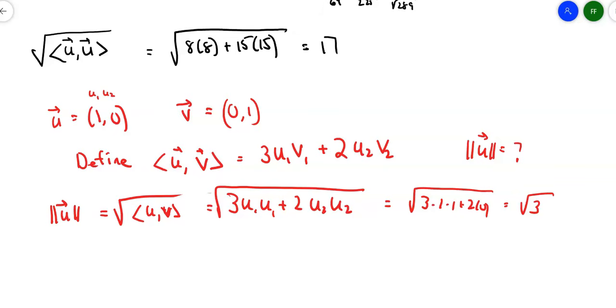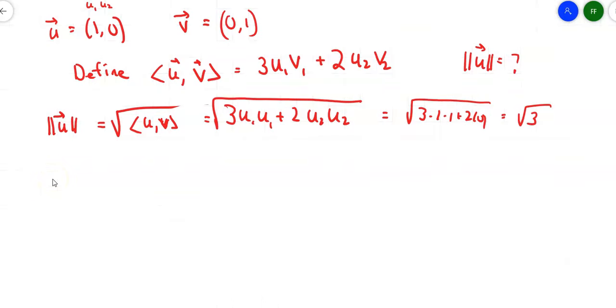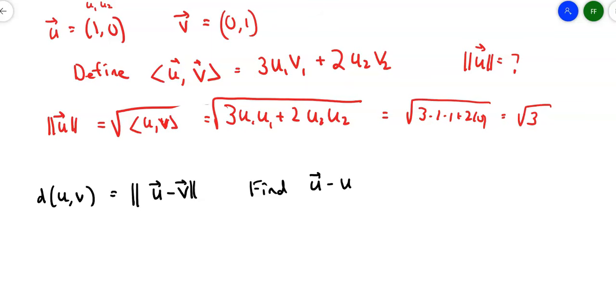Now, what if I want the distance between u and v operating with that vector space definition on the top? Well, the distance between vector u and vector v is the magnitude of u minus v. So the first thing I need to do is find the vector that represents u minus v.